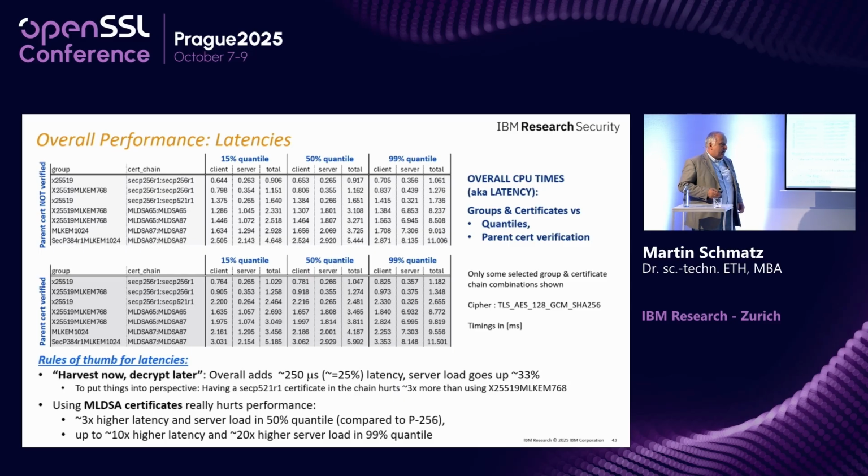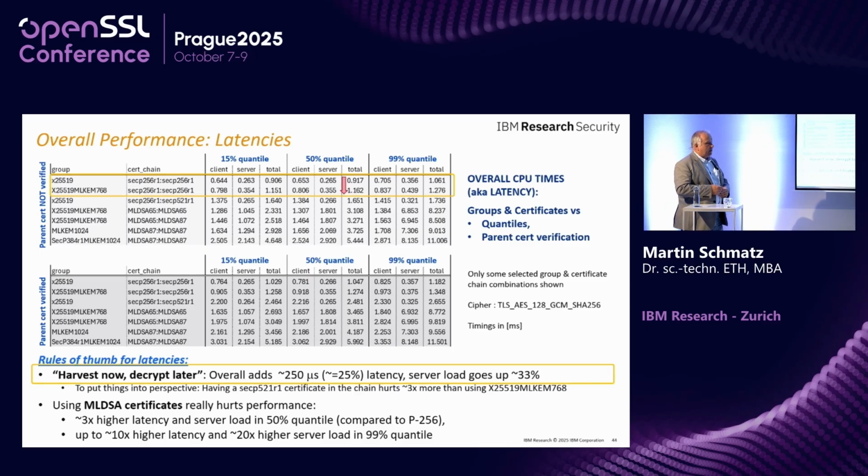quantiles. Let me first look at the harvest now, decrypt later, where you basically see that in the 50% quantile, and it's not much different in the 99% quantile, as already shown, it adds like 25%. But we have to keep in mind, server load goes up 33%, which has some impact on resource planning.